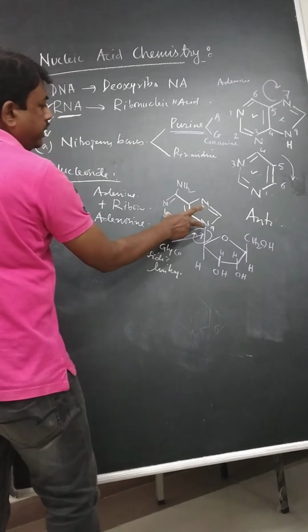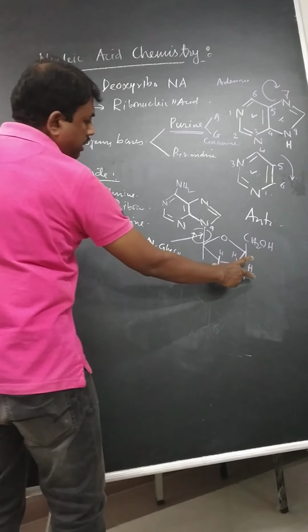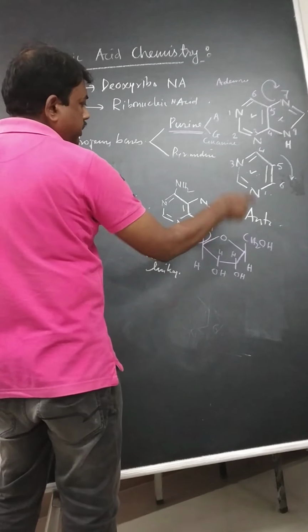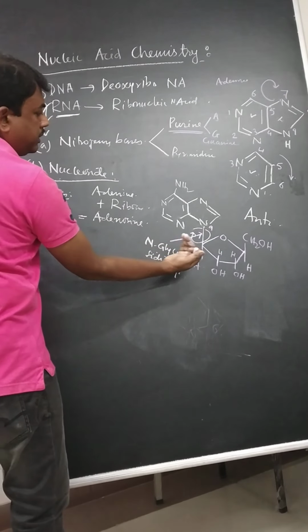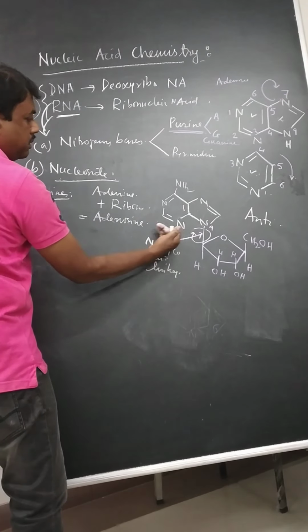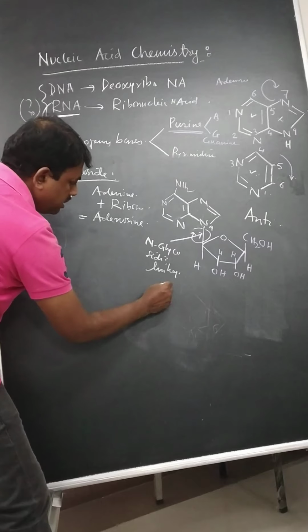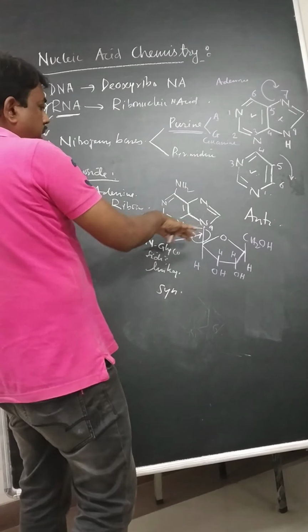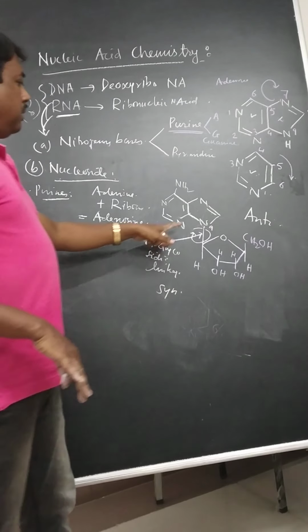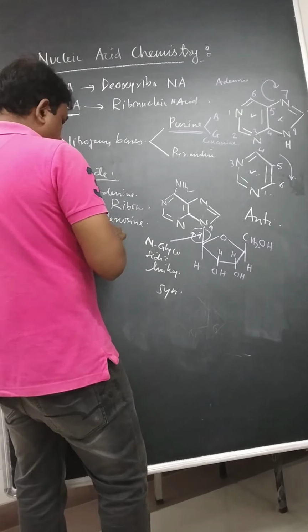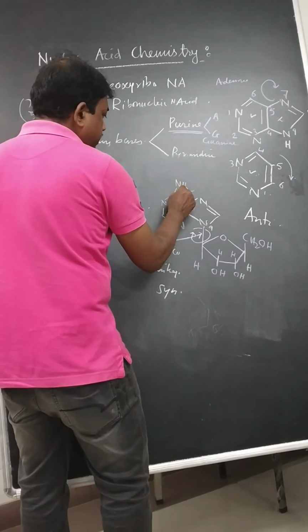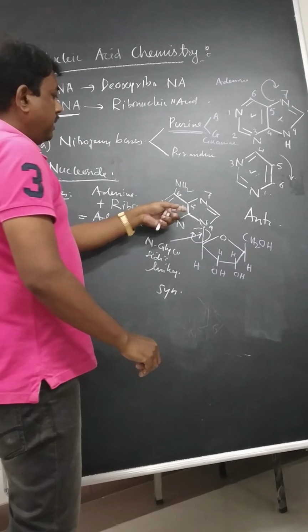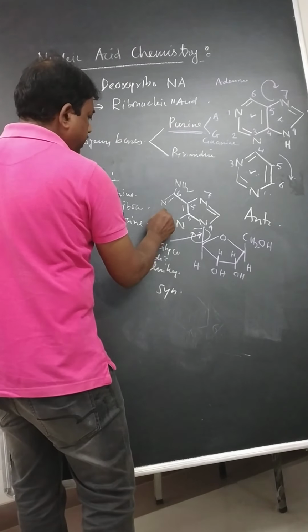That means the purine ring is here and the ribose is here in the opposite direction. And after rotation, if the ribose comes to this side, this is known as syn conformation. So it can rotate around this glycosidic linkage. Now you just remember the naming, that is 5, 6, 7, 4, 3, 2, 1.